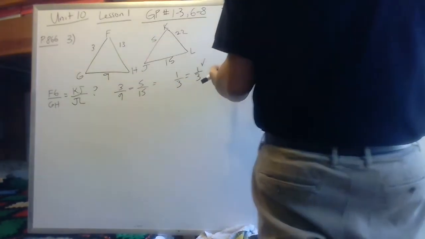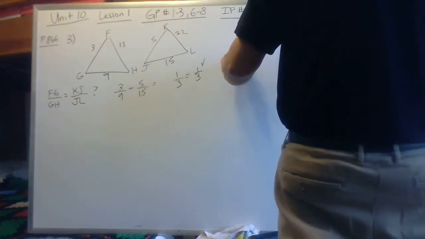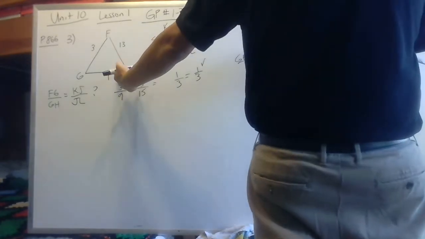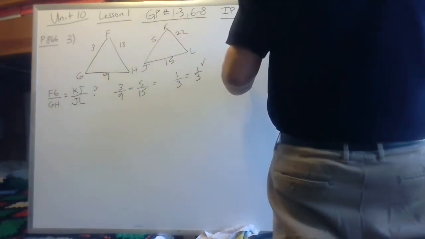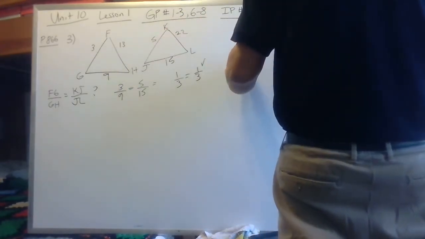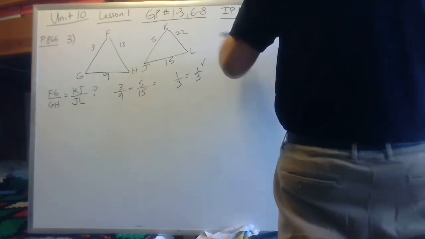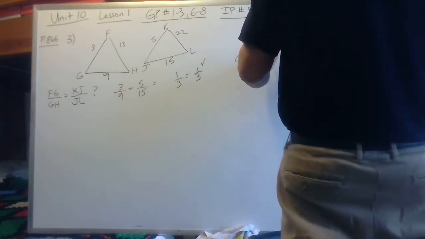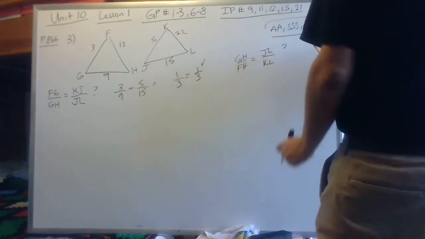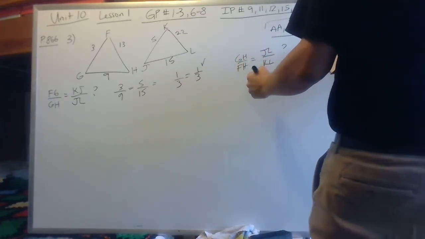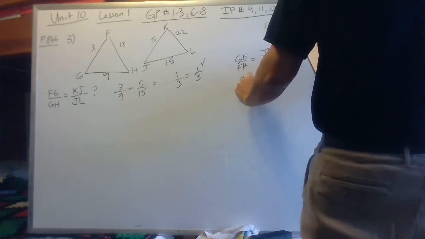basically side as well. So we're going to now have GH, again, this side over FH. Does that equal JL over KL? That's the next question. So GH, again, is 9 over FH, which is 13.